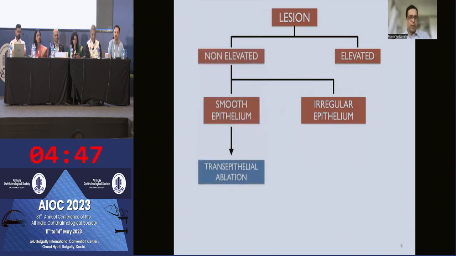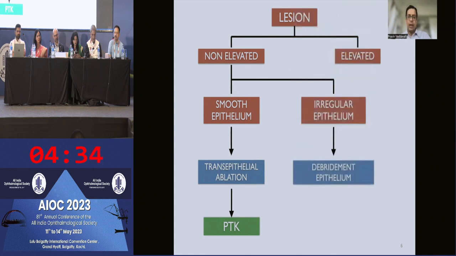If the epithelium is smooth, the ideal surgery will be a transepithelial ablation, a PTK, which helps in removing the lesion as well as smoothening the surface. In case you have an irregular epithelium, you can debride the epithelium and then do a PTK using a masking agent. These are for non-elevated lesions.